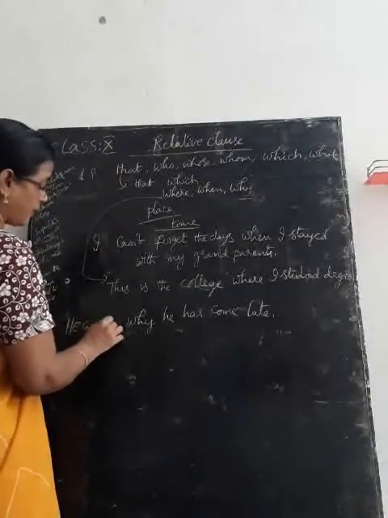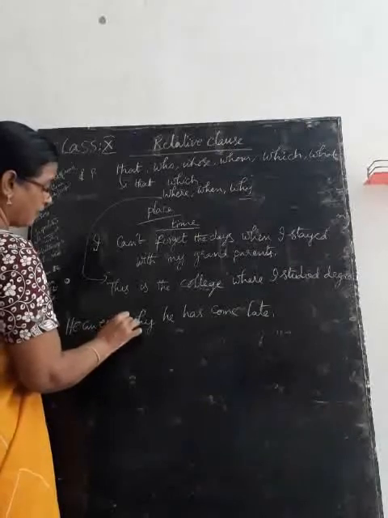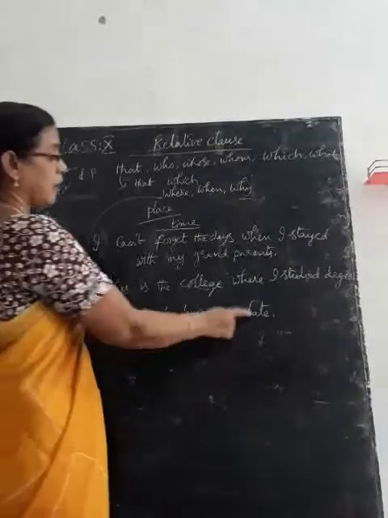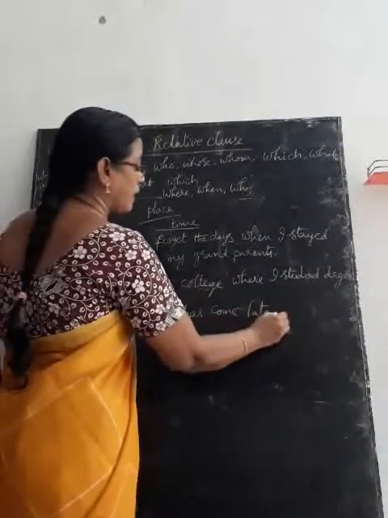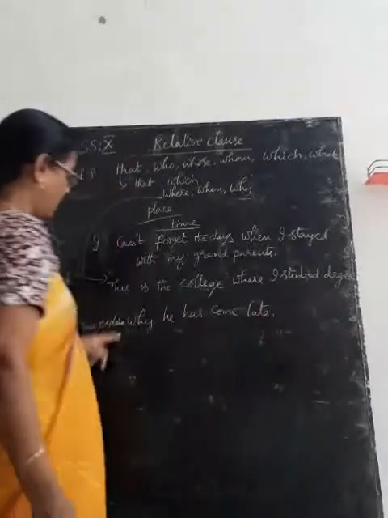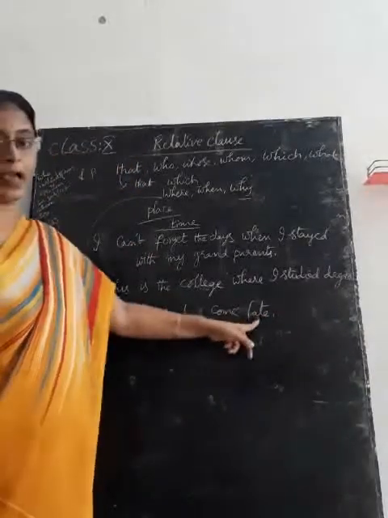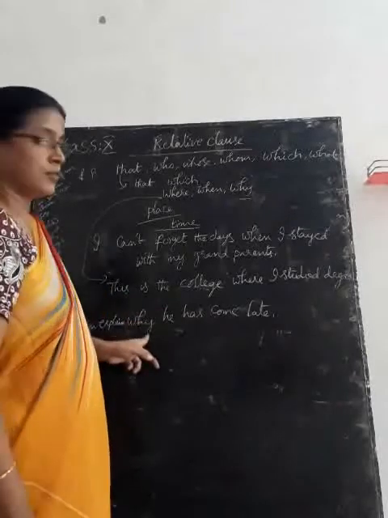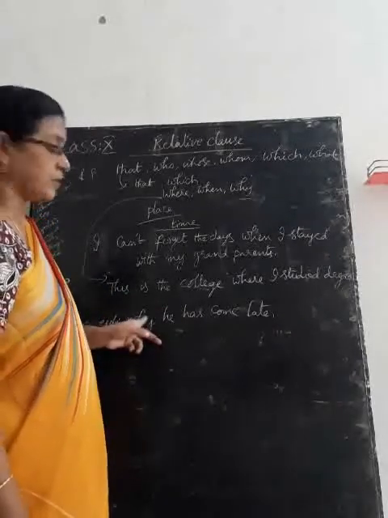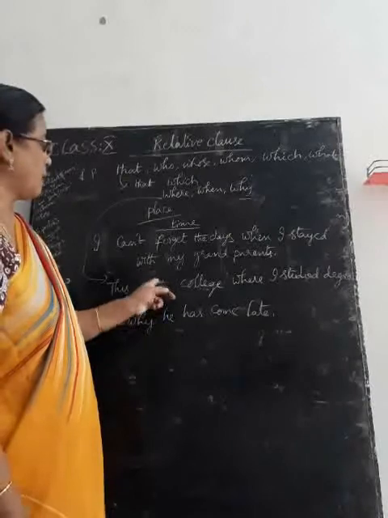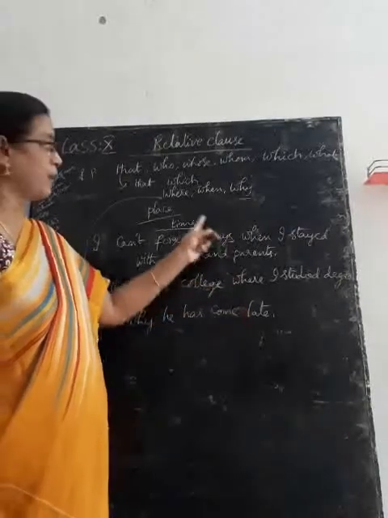He can explain why he has come late. So for reason we have to use the relative adverb why, for place where, and for time when.